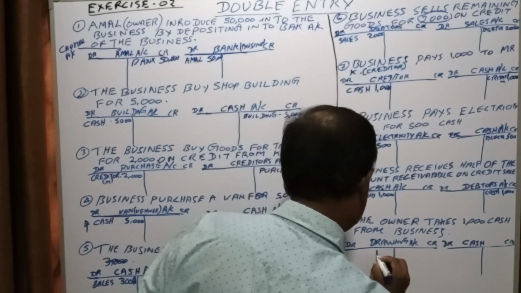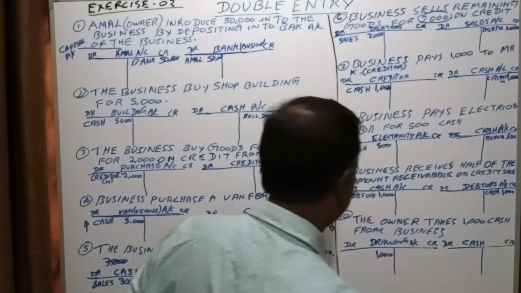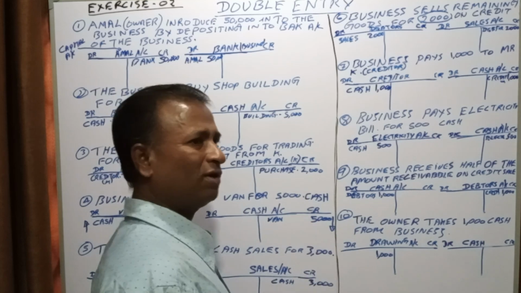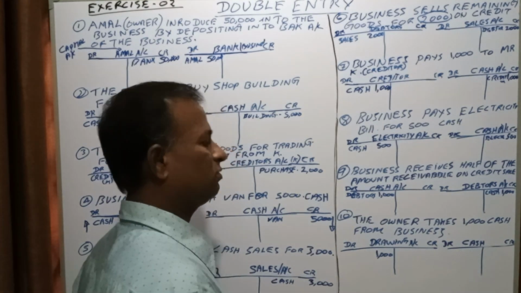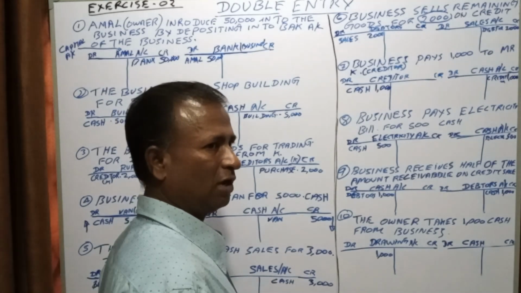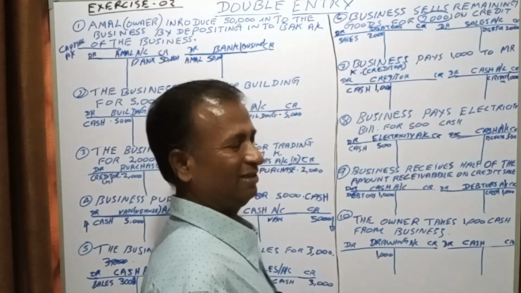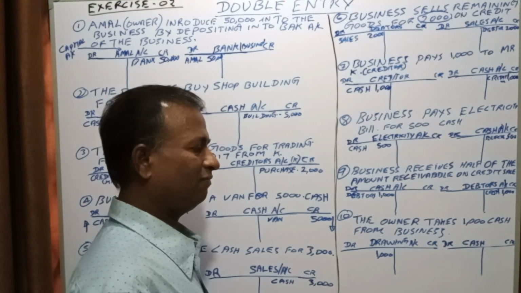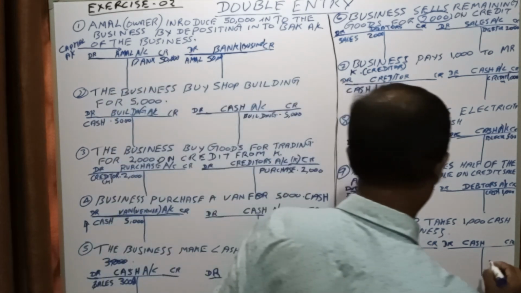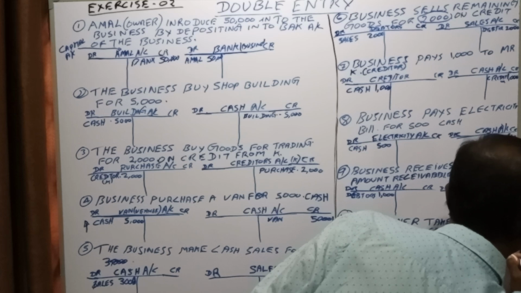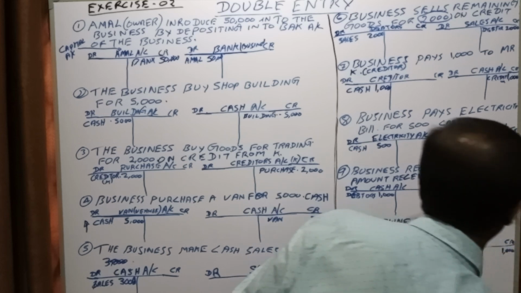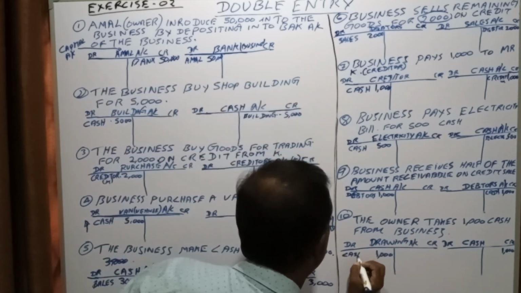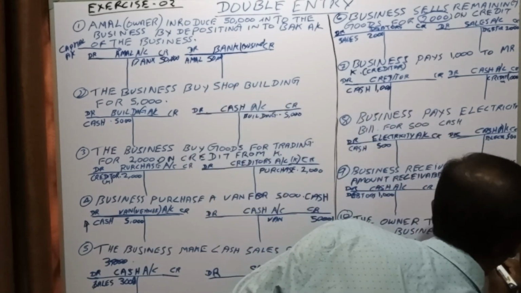So drawings 1000 debited. And cash is going out because he is taking the cash and walking out of the business. If the cash is going out, the assets are decreasing, and if the assets are decreasing, we have to pass a credit entry. Here you will say cash, here you will say drawings.